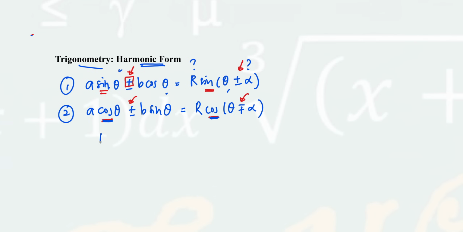Then my r is square root of a squared plus b squared, and my alpha is going to be arctangent b over a. So we will just calculate r and alpha using these two formulas. That's all for the notes of the harmonic form. So let's go to the example.